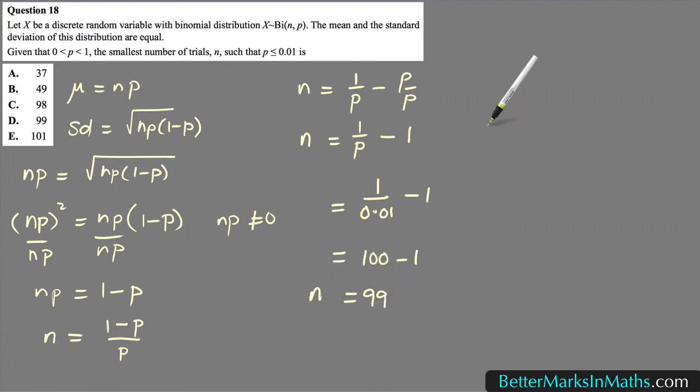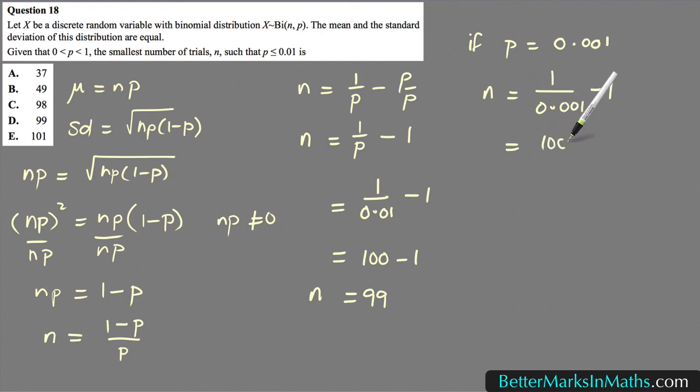So if p was a number smaller than that, let's say 0.001, make it a nice easy number, then n would equal 1 on 0.001 minus 1, which equals 1,000 minus 1, which equals 999.